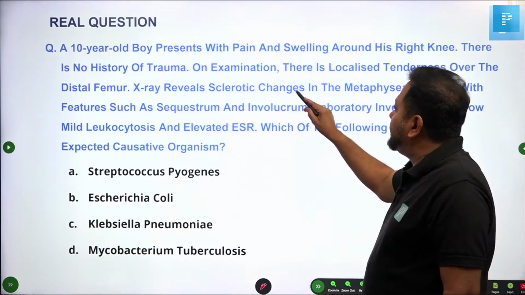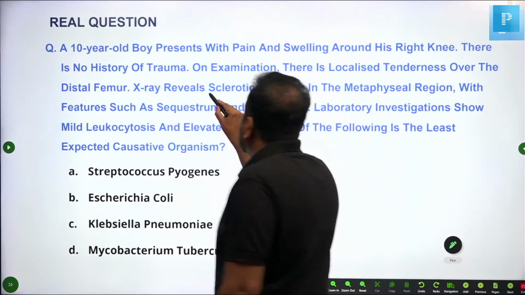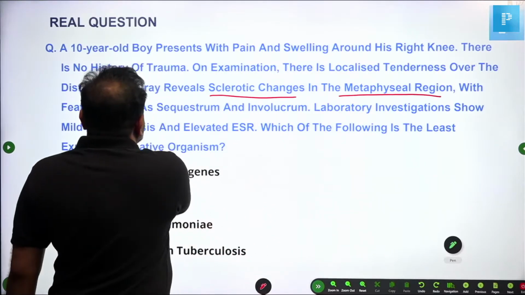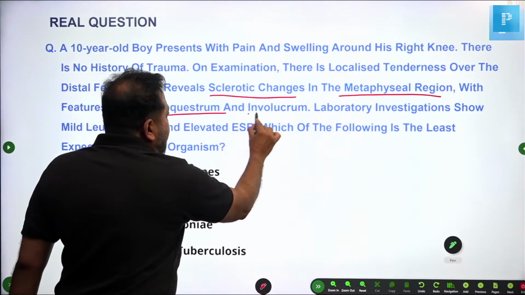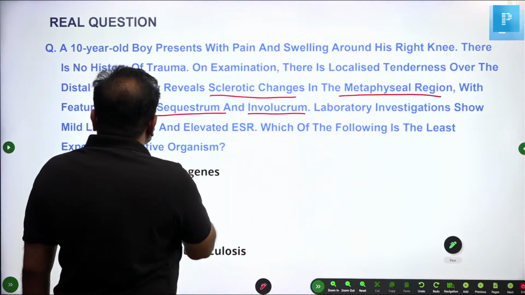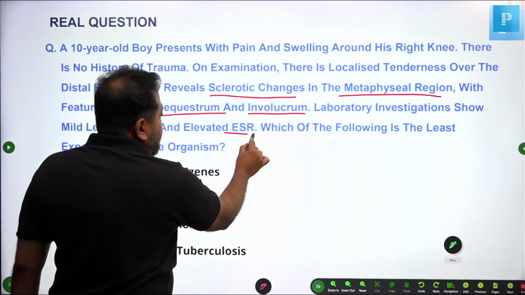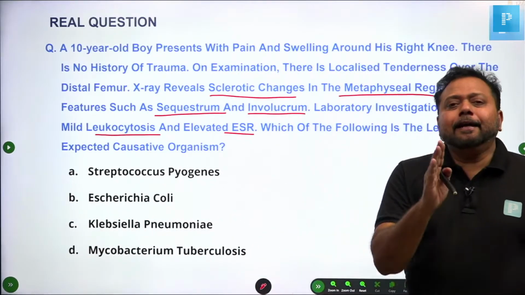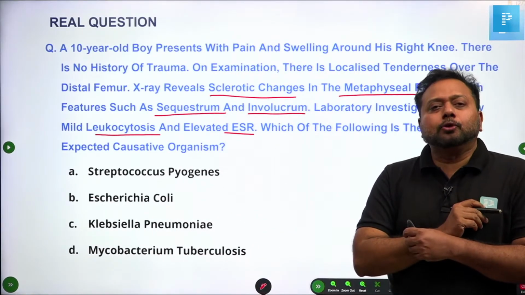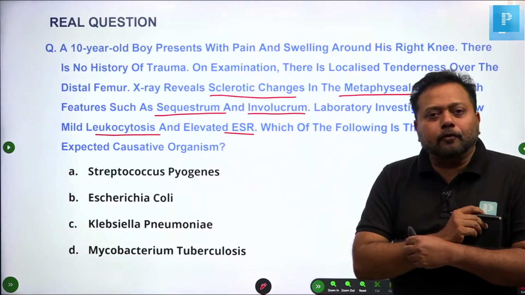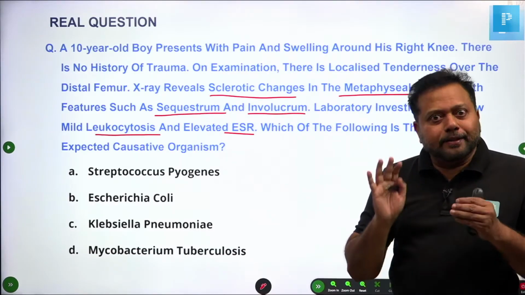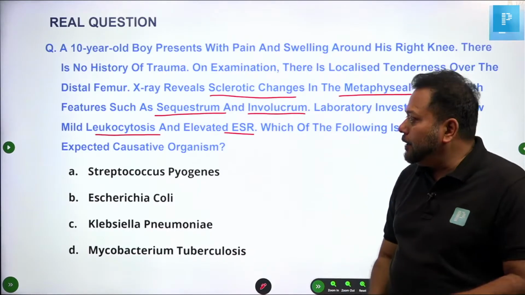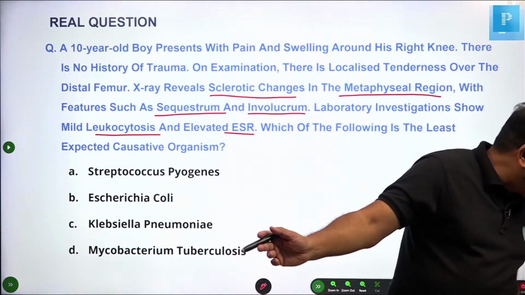X-ray reveals sclerotic changes in the metaphyseal region, with features such as sequestrum and involucrum. Laboratory investigation shows mild leukocytosis and elevated ESR. Which of the following is least expected? Classically, this is a case of chronic osteomyelitis. The question asked is the least expected organism.